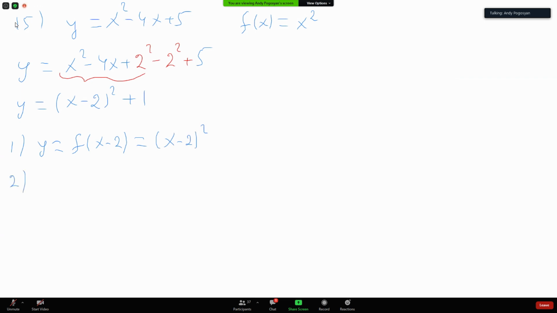Second, y equals f of x minus 2 plus 1, which is x minus 2 squared plus 1. So x replaced by x minus 2 means 2 units to the right, plus 1 means 1 unit up.